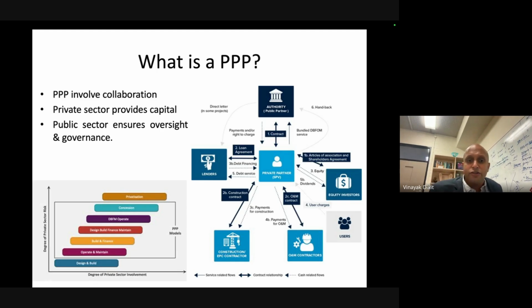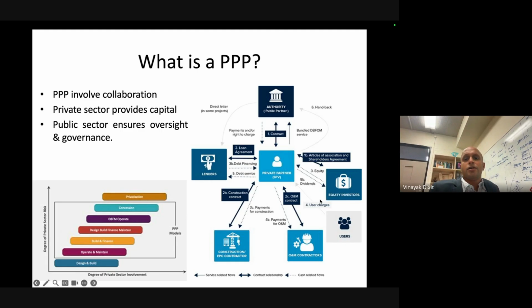So the place where PPP sits, based on the degree of risk, is that when you take a concession, it's the biggest. When you're doing operation and maintenance, there's hardly any risk, because it's more like a contract. The government gives you a contract, and you're just operating and maintaining it.